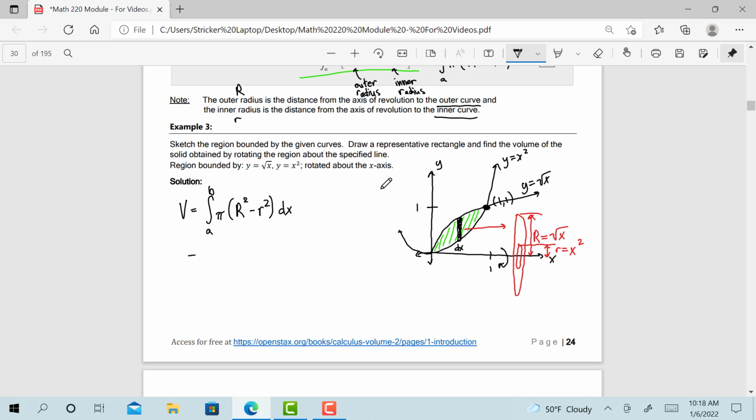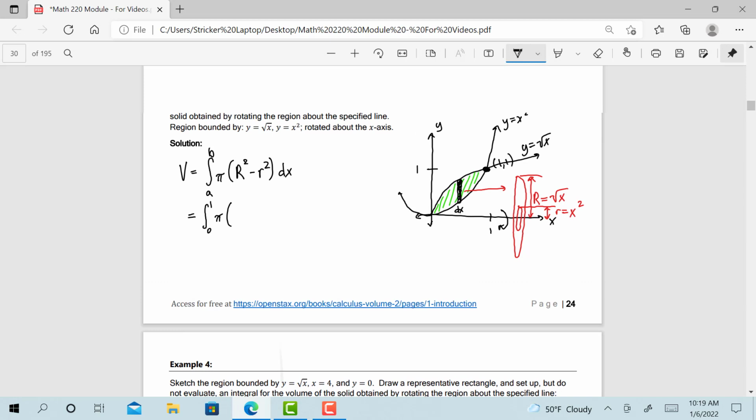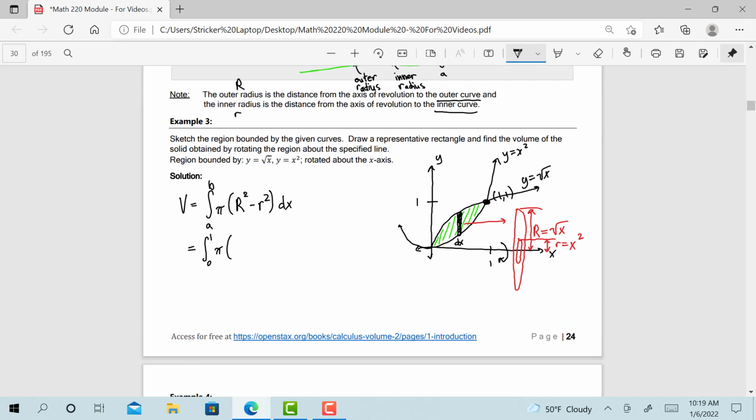And in this case, if you think about that representative rectangle, our x's go from 0 on the left to 1 on the right. So we're going to take the integral from 0 to 1. We have pi. We already said our outer radius is that top curve, that's the square root of x, squared, minus the inner radius, or the little r, which is x squared.